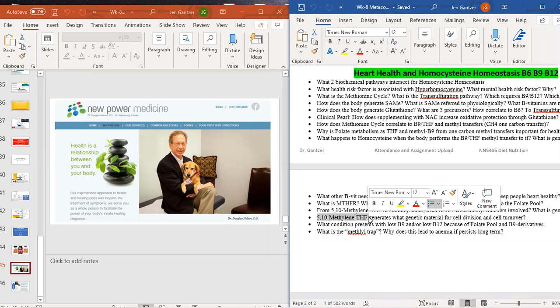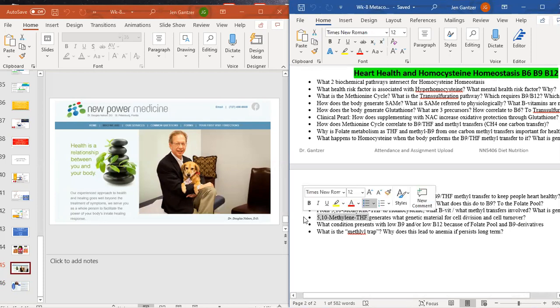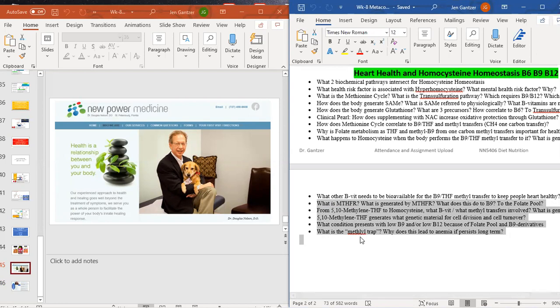Because that's going to be important, because that can be a cause of anemia. So 5,10 methylene tetrahydrofolate for your quiz is going to be important for the formation of the UDP, and the end result is thymidine. The remaining questions on MTHFR and methyl trap and 5,10 methylene, outside of that simple key concept, will be delayed for our protein metabolism.